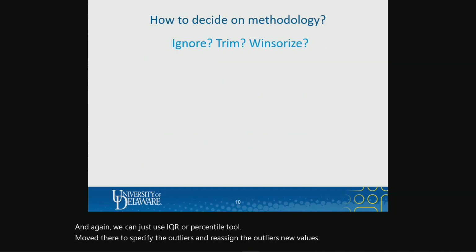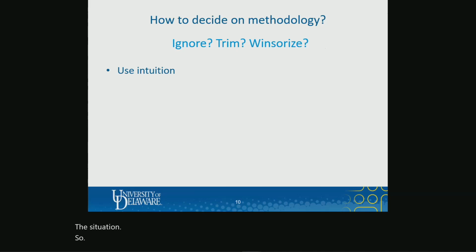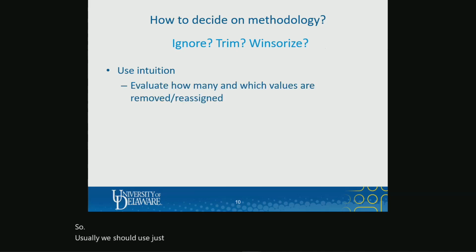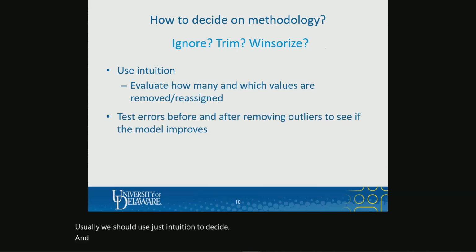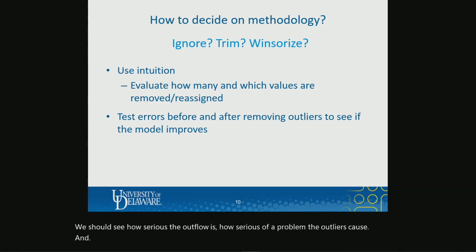So which method is the best? Ignoring, trimming, or winsorizing? Depends on the situation. Usually we should use intuition to decide, and we should see how serious a problem the outliers cause, and we should test the errors before and after removing the outliers.